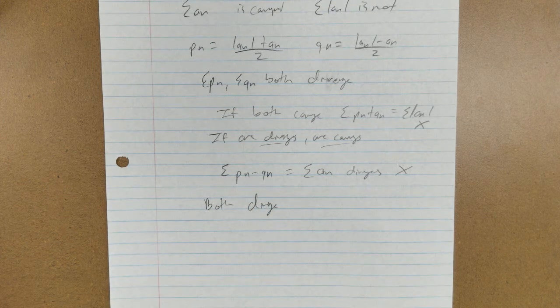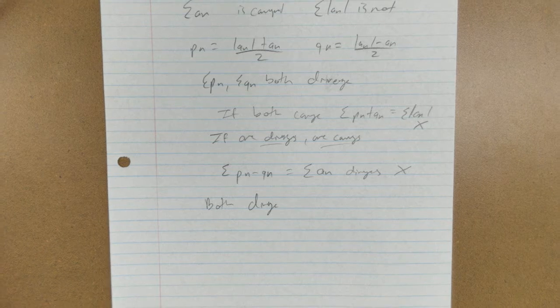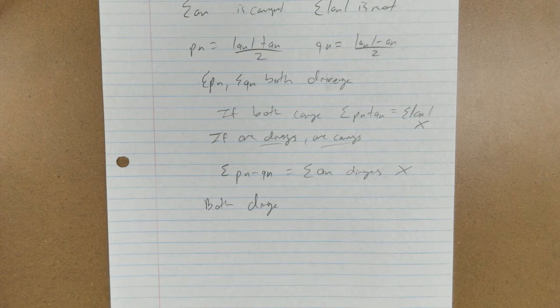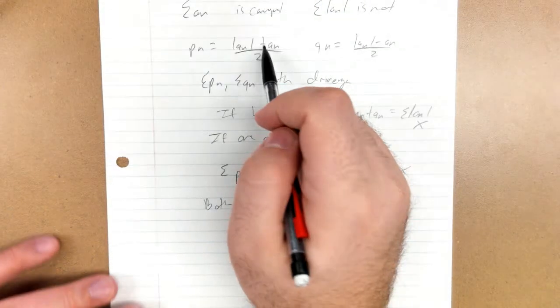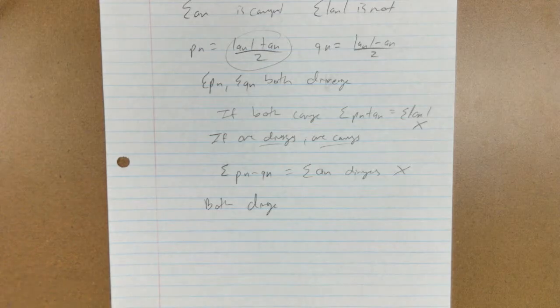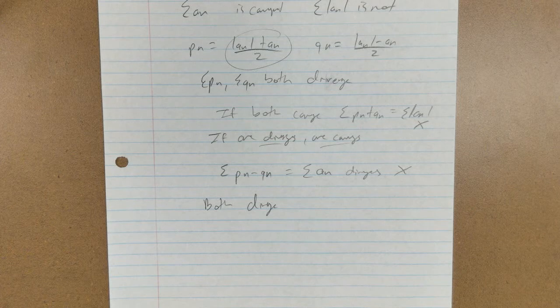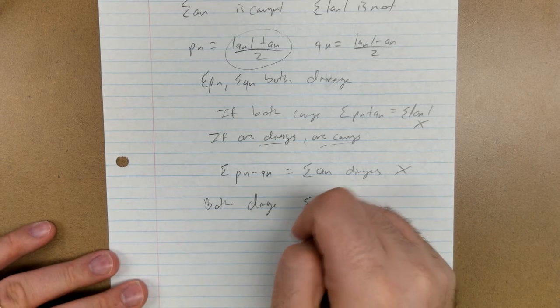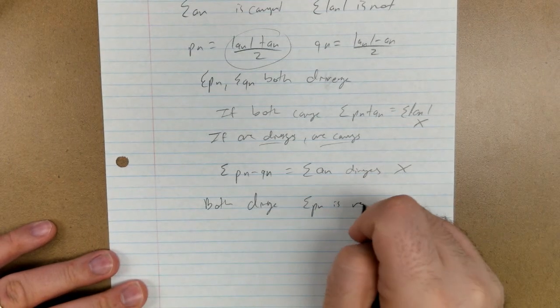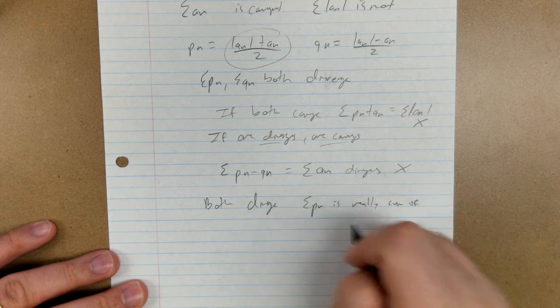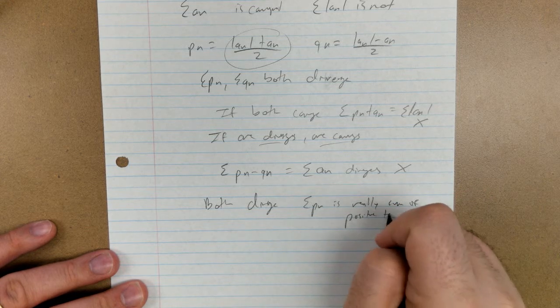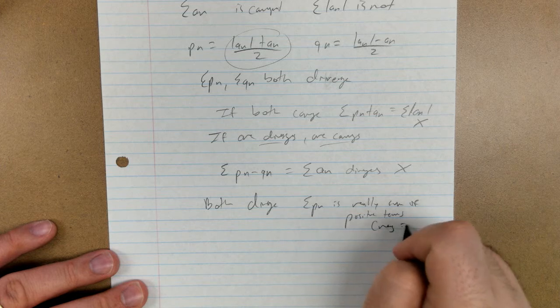And the point of knowing that those two things diverge is that if you look at p_n, what is this really doing? Well, when a_n is positive, you get the positive term again. And when a_n is negative, you get 0, right? So p_n is really the sum of positive terms, because negative terms go to 0.